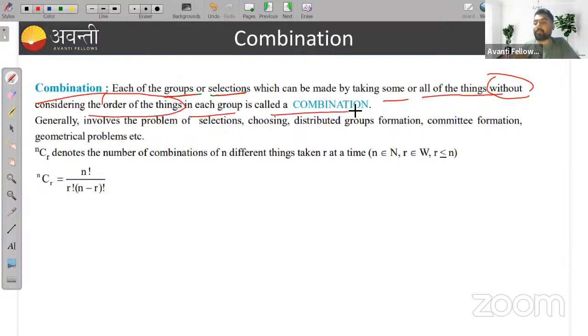It generally involves problems of selection, choosing, distribution, group formation, committee formation, geometrical problems, etc.